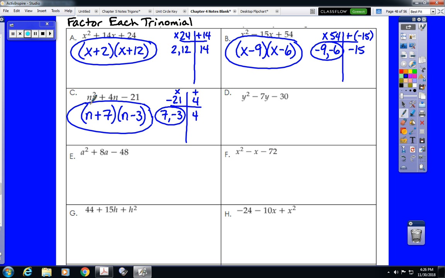So we shouldn't really need this many teacher-prepared examples. But if you're really struggling, then we can talk through them. Multiply to negative 30, add to negative 7. That would be negative 10, positive 3. So this factors into y minus 10, y plus 3.